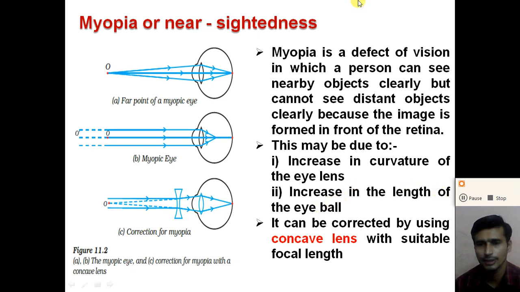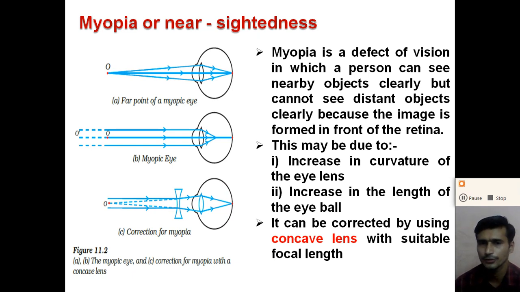So dear student, myopia is the defect of vision in which the person can see the nearby object clearly but cannot see the distant object clearly, right? Because in myopia, the lens is not properly thin, so the ciliary muscles cannot relax properly, and due to this the lens stays thick, increasing the curvature of the eye lens.